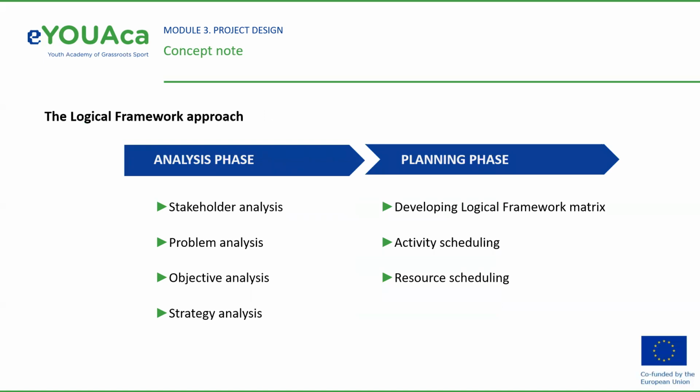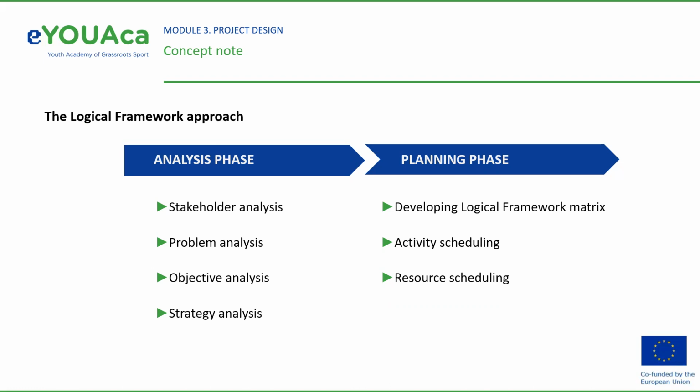Theory of change is an additional process that can add further information beyond the results of the stakeholder, problem, objectives, and strategy analysis shown in the previous lessons. These results are part of the initial phase of analysis of a broader process called the logical framework approach.